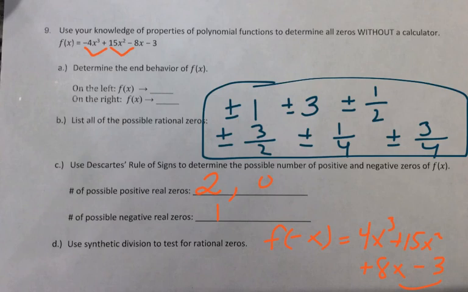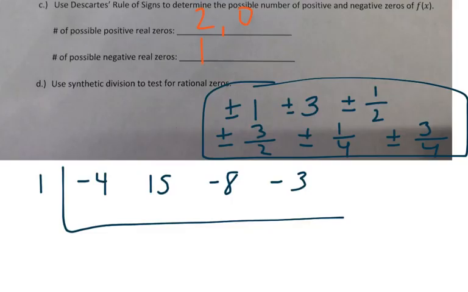So I'm going to use synthetic division to test for rational zeros. I've shifted this up and made sure I still have my list of possible roots. I see that there might be 2 positive real roots, so I'm going to start with 1. I'm going to do my synthetic division.